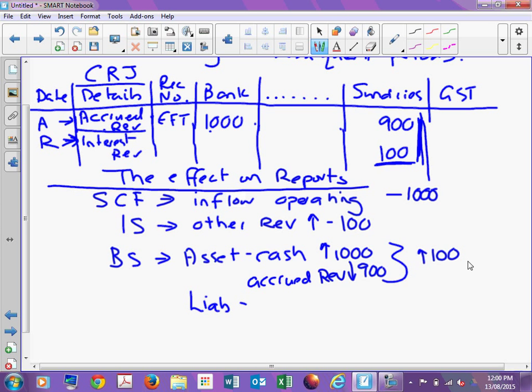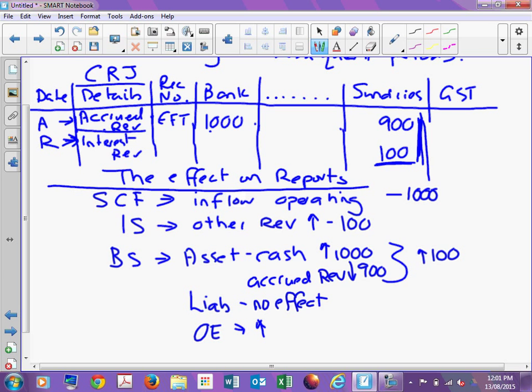What's the effect on liabilities from this transaction? No effect. There's no mention of liabilities there. What's the effect on the owner's equity? It increases.